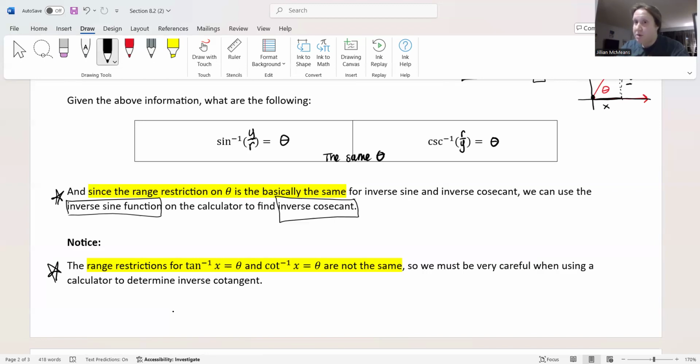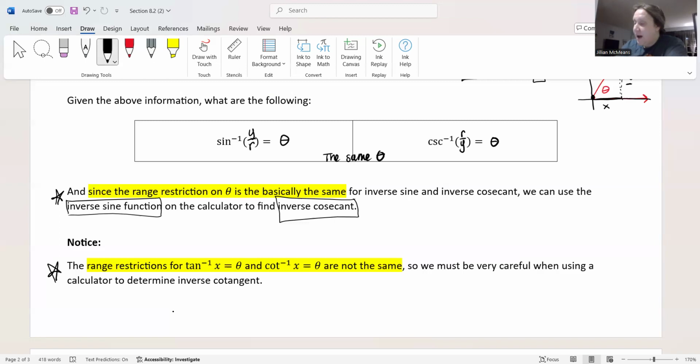And because we didn't restrict the domains in the same way, the range restriction is not the same for inverse tangent and inverse cotangent. And that's a problem. So that means we can't use the inverse tangent button on our calculator to help us find the inverse cotangent. But what we did realize while we were building the inverse cotangent function is that its range is restricted in a very similar way to inverse cosine, okay?